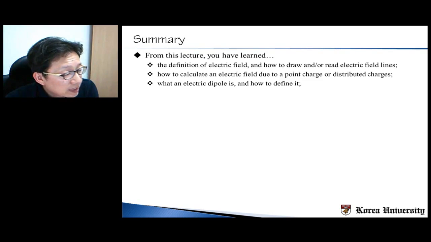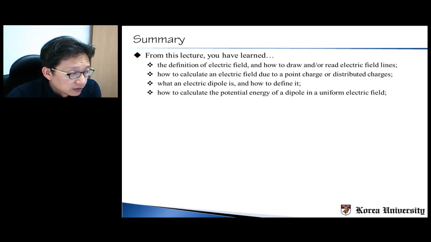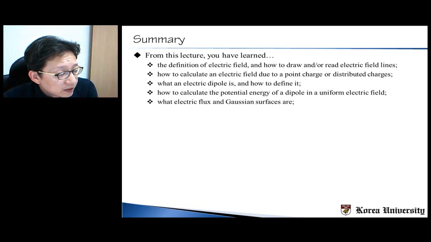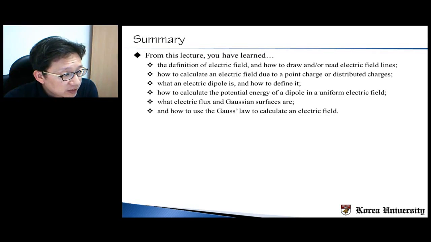You also learned what an electric dipole is, how to define it, and how to calculate the potential energy of a dipole in a uniform electric field. Then you learned what electric flux and Gaussian surfaces are. And finally, we learned how to use the Gauss law to calculate an electric field. If you do not remember any of these, please go back and review the lecture anytime you want.